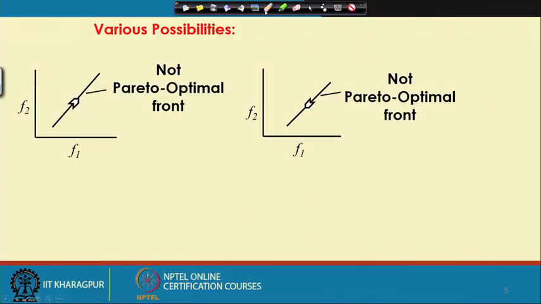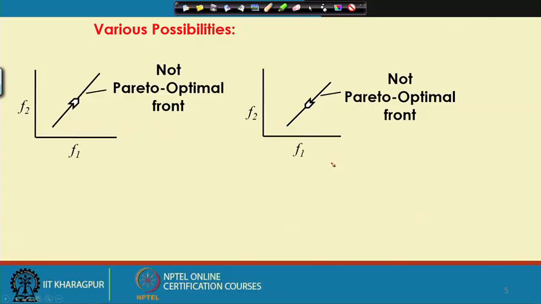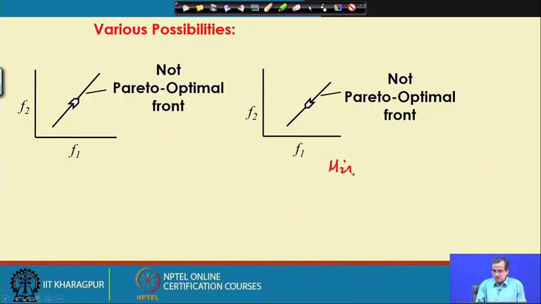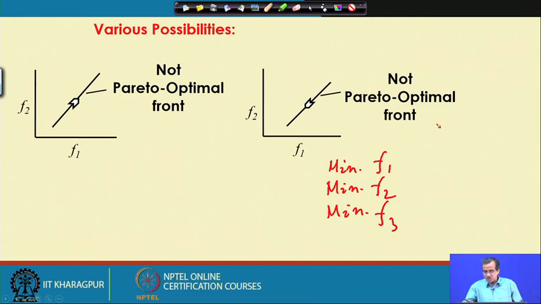Supposing that in place of two objectives, I have got three objectives. The objectives are as follows. Supposing that the first objective is minimize F1, second objective is minimize F2 and the third objective is minimize F3. I can also state in place of minimization in the form of maximization.